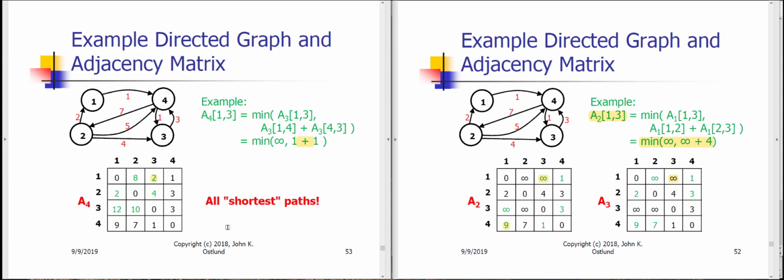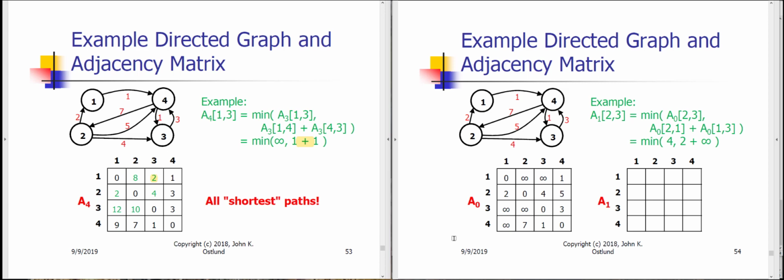If we got to A sub 4 and discovered that we still had some infinities remaining in our matrix, that would imply, because we have checked all possible intermediate nodes, that there simply is no possible connection between one node and another. But that's not the case here. All of the nodes are eventually connected in some way. And A sub 4 contains the lengths of the shortest paths between all source and target pairs.